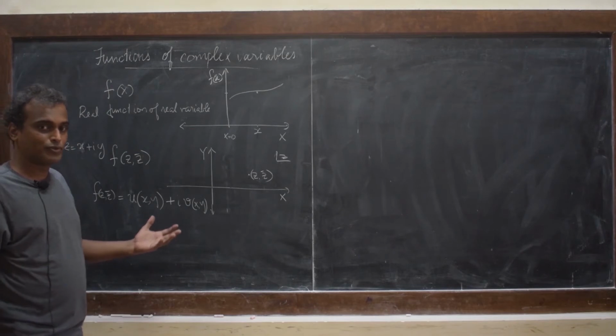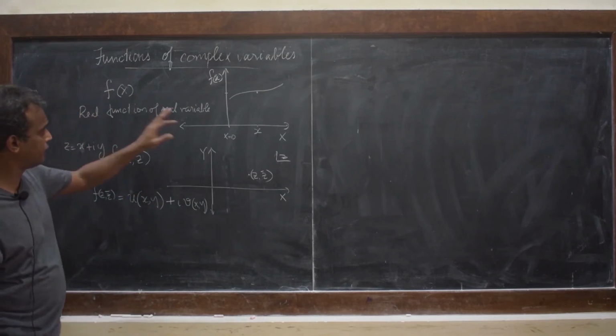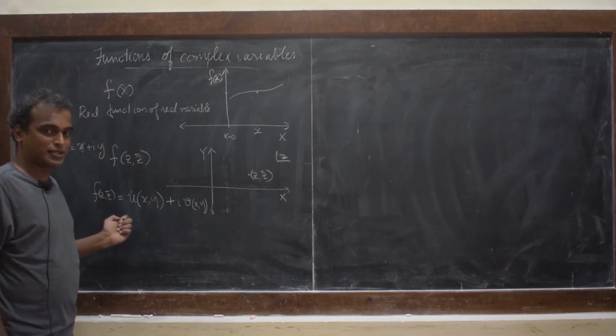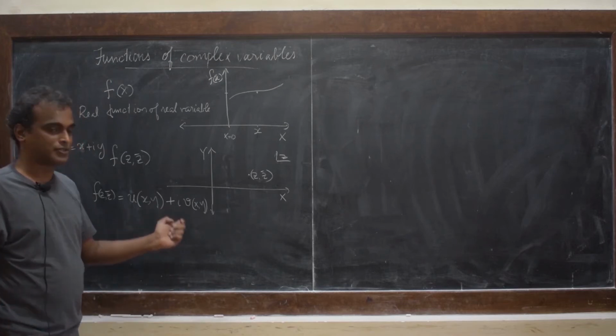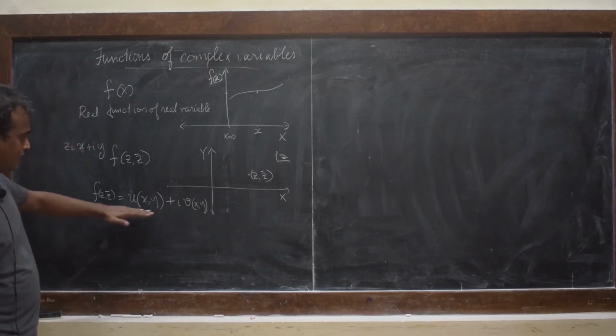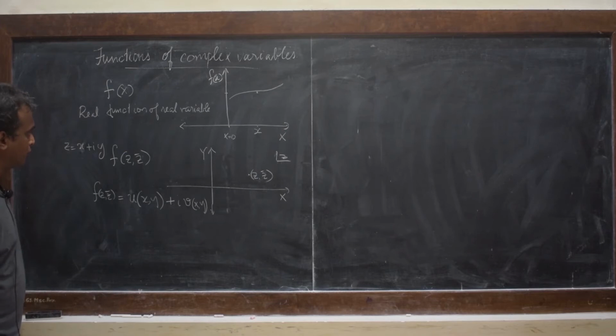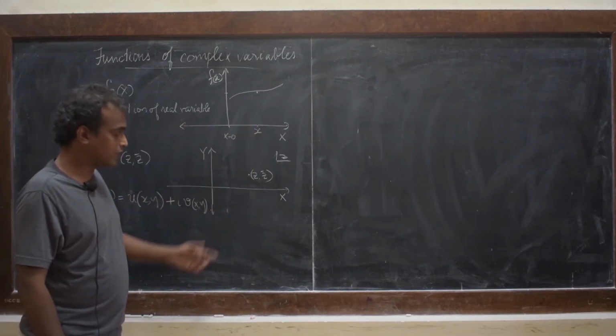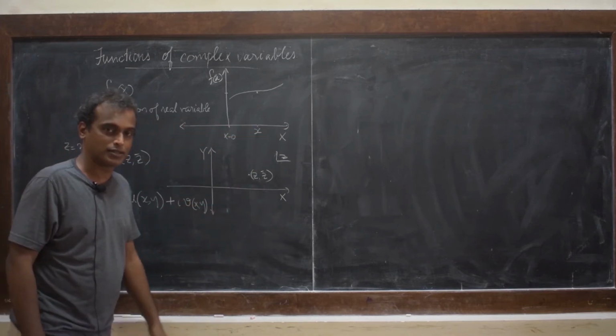It should be now very clear that the set of real functions are a subset of the set of complex functions that we have written down here. After all, the real axis itself is a part of the complex axis.